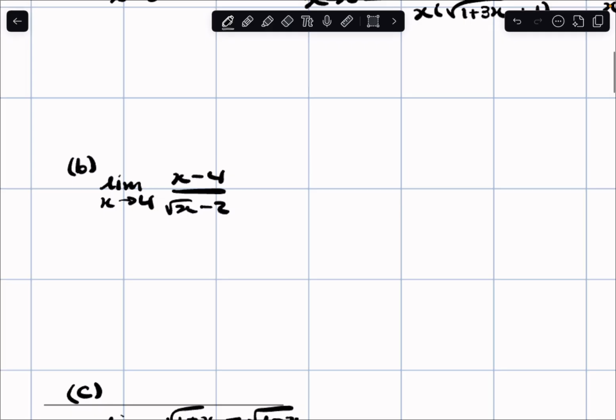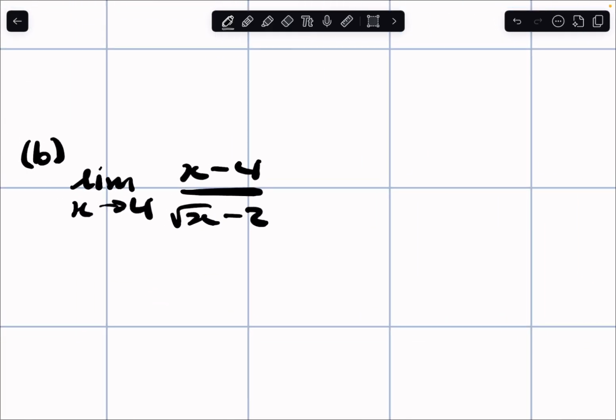Let's try with letter B. Not number B, that's weird. So same process here. We look at the bottom because we want to move it to the top this time. And we're going to multiply it. Well, actually, sorry, let's rewrite it.